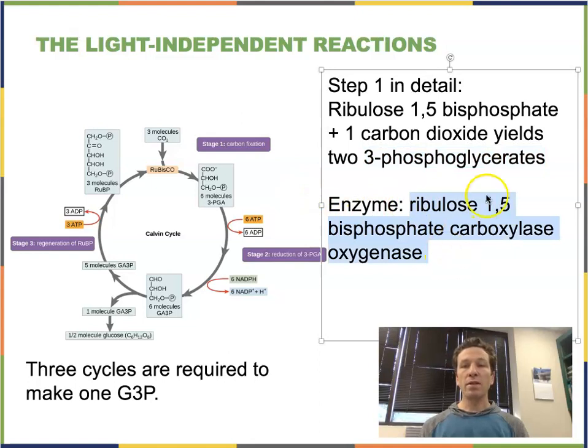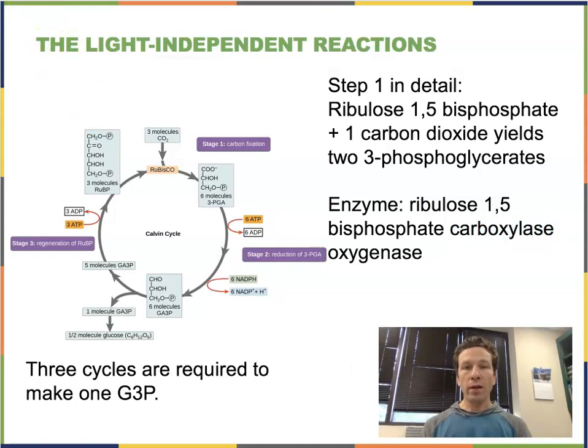It is ribulose 1,5-bisphosphate, because that is one of our substrates, carboxylase oxygenase. So the carboxylase in this name is referring to the fact that it is fixing carbon in the form of carbon dioxide. We'll talk about what the oxygenase means in a few minutes.